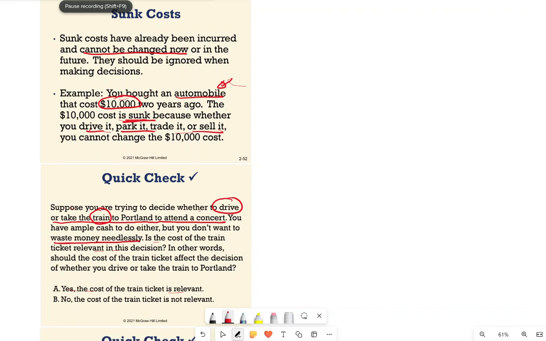Yes, the cost of the train is relevant to us at this point, because you are going to go to Portland for a concert. Either you drive or you take a train.